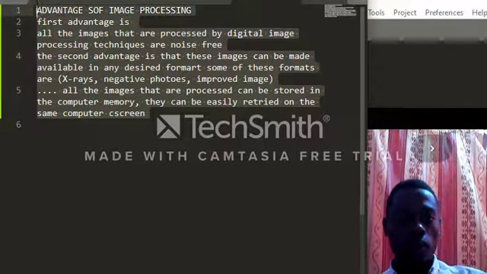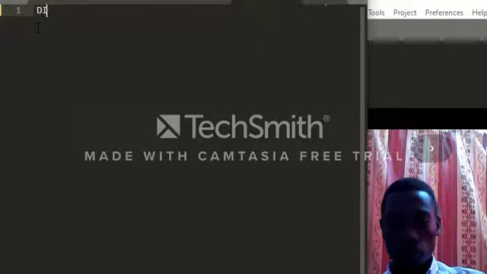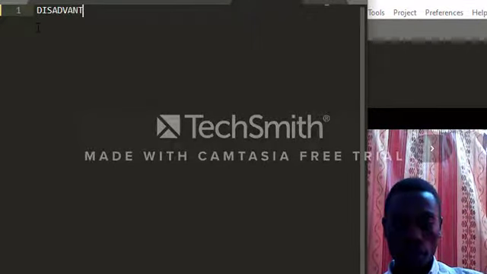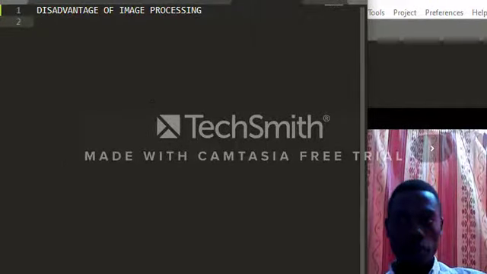So I'll also take you through some of the disadvantages of image processing. I shall talk about like 3 disadvantages of image processing.